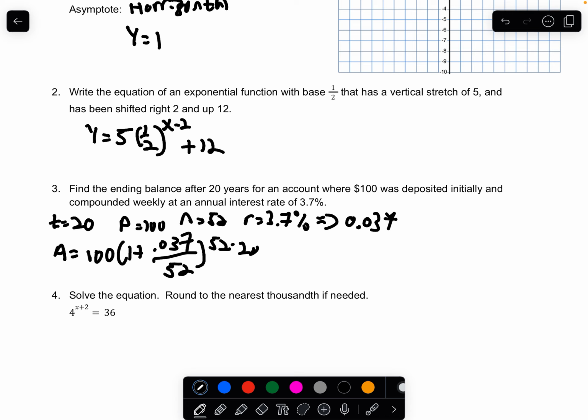And when you do that, you get 100 times 1 plus 0.037 divided by 52, close parentheses, to the power of 52 times 20.